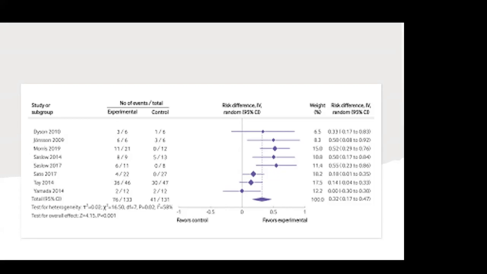I don't know what's written, but it is on the side of the experimental. So the sum of these studies shows that this is a good experimental study, if it is clear.